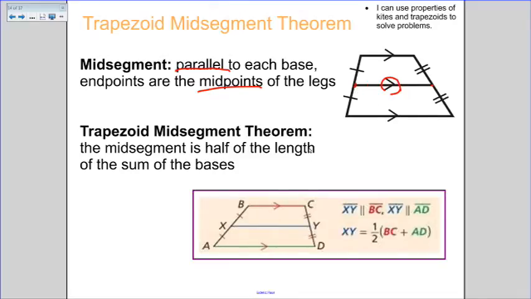So it makes them midpoints. Okay? And the trapezoid mid-segment theorem says the mid-segment is half the length of the sum of the bases. So if I add the top base with the bottom base, divided by 2, I'm going to get the length of the mid-segment. Sounds good?